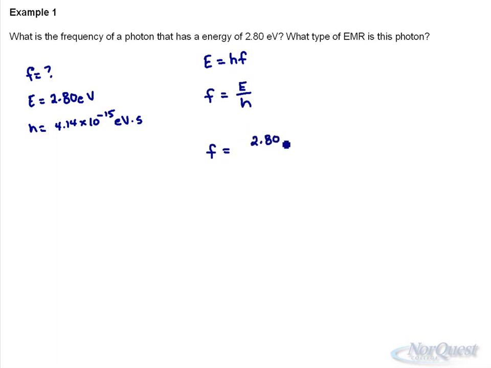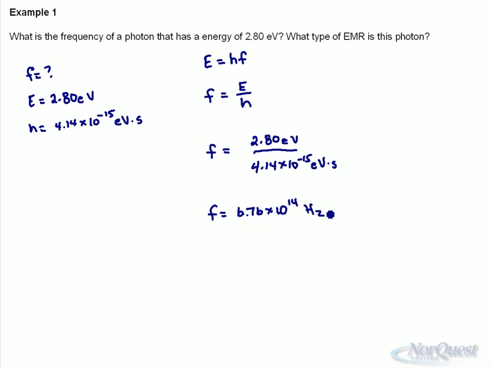2.80 electron volts divided by 4.14 times 10 to the negative 15 electron volt seconds should give us a frequency of 6.76 times 10 to the 14 hertz.